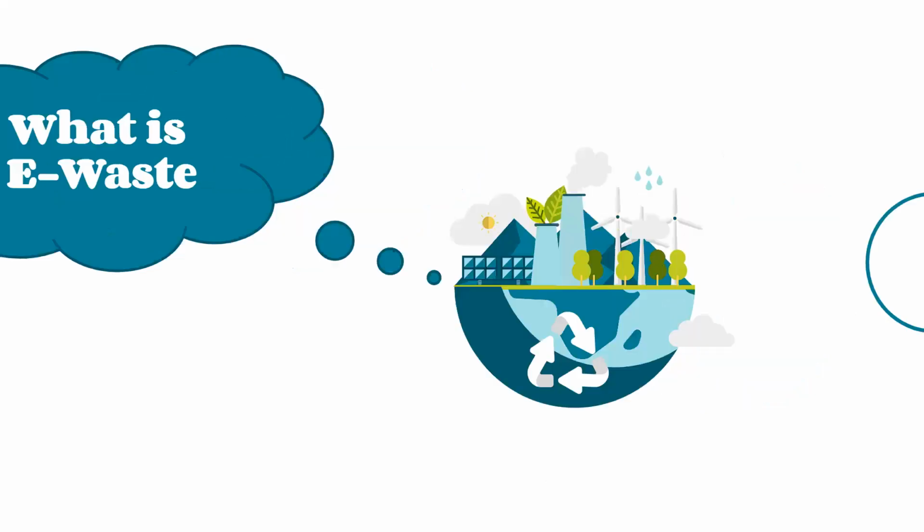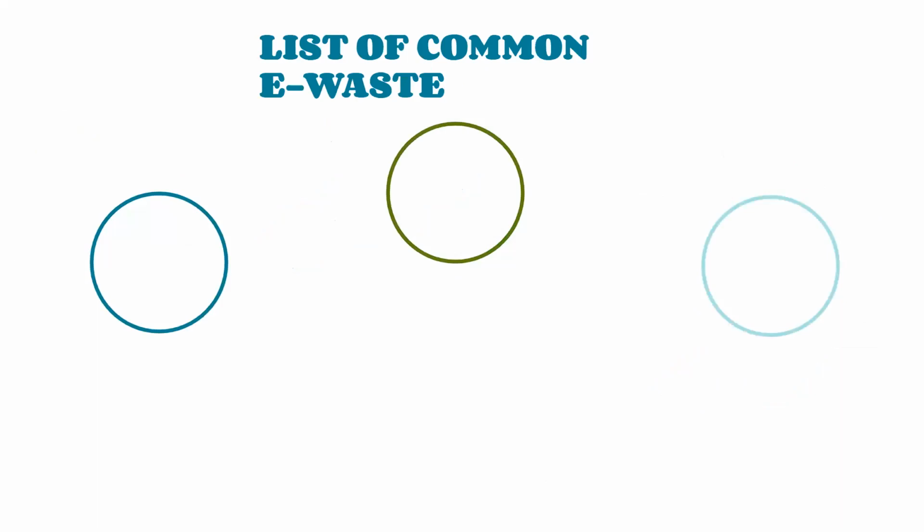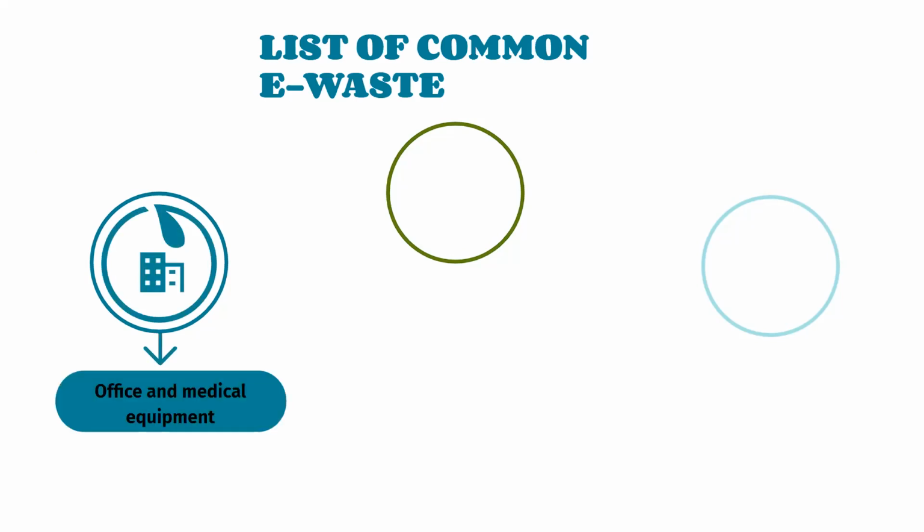Next, we will now try to understand, my dear friends, what are the contributories for this e-waste? They are broadly classified into three categories. We go into the first category, and that is office and medical equipment.